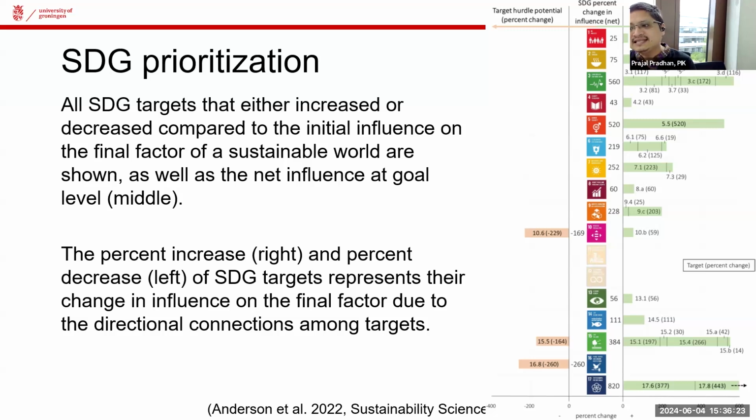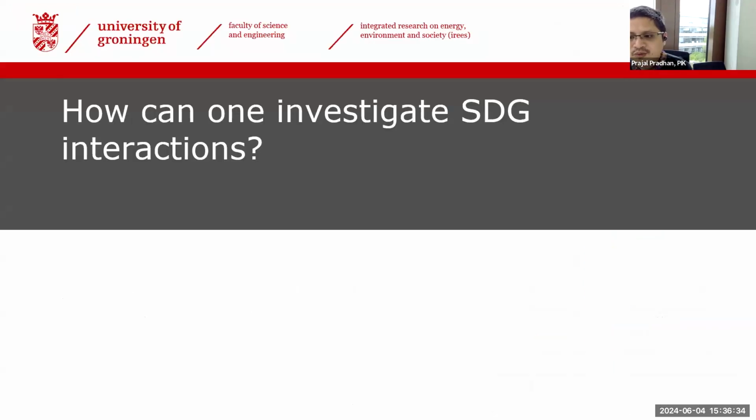And looking at this as systems of SDGs, we can come up with a systemic prioritization of SDGs. So we talk a lot about SDG interactions now, and now the question is like, how can one investigate SDG interactions? What are the methods available there for investigating SDG interactions?